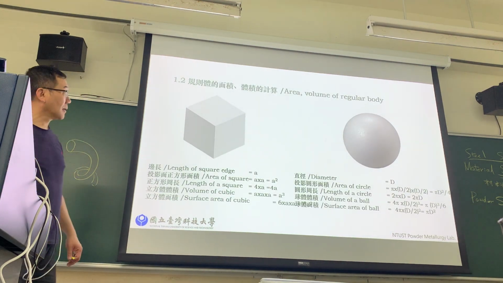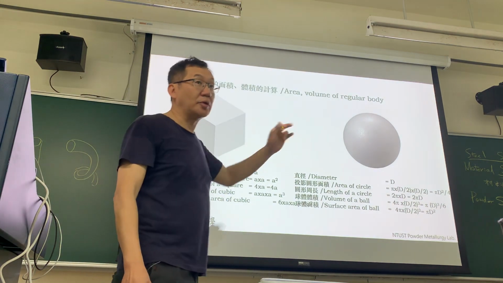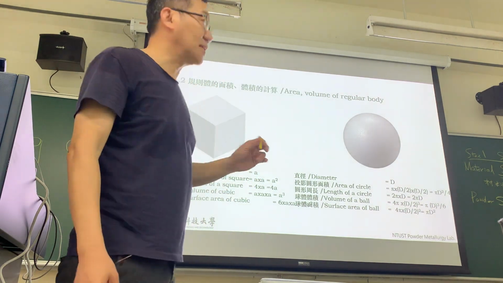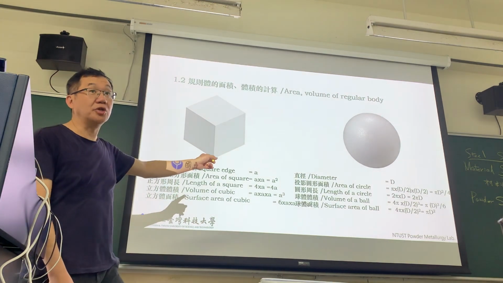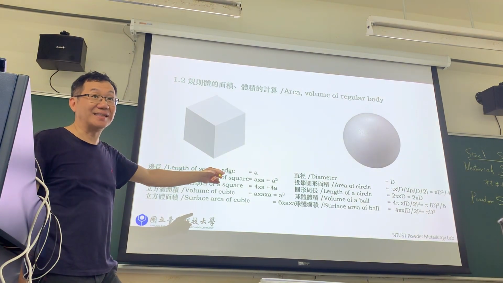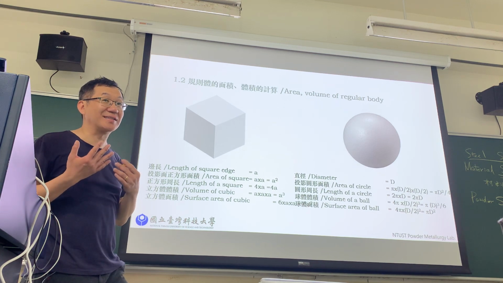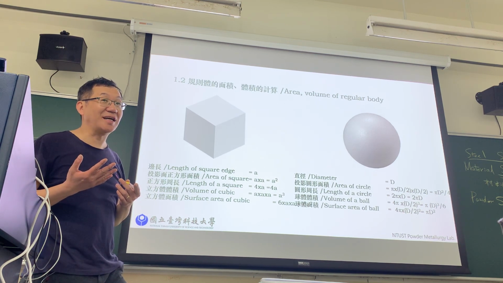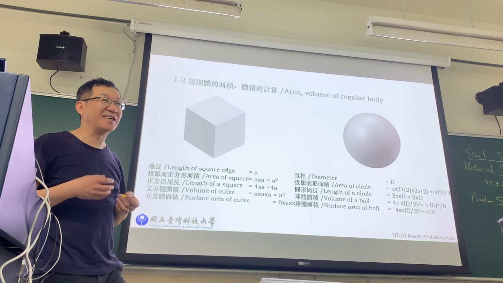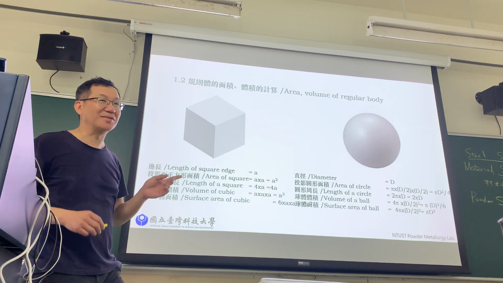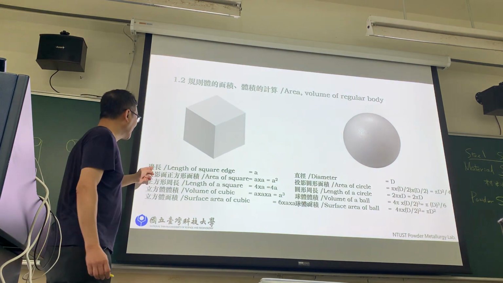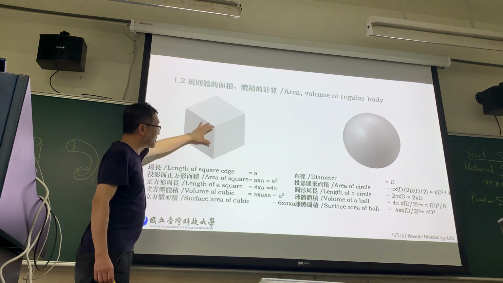So this is a ball. It's easy to understand. This is a cubic. Understand? So it is easier in mathematics and physics. You can understand. When you were in junior high school, you just calculated mathematics every day.